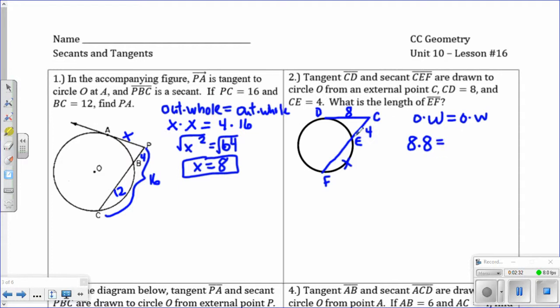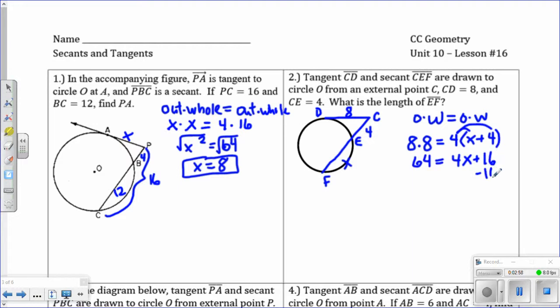Outside of the secant, so this part's outside of the circle, I should say, this part here is 4. And then the whole thing, well, part of the secant's x, part of the secant's 4, so the whole thing is x plus 4, that binomial. And whenever you have a binomial, you want to make sure that you put parentheses around it. So 8 times 8 is 64, then we distribute, we get 4x plus 16.